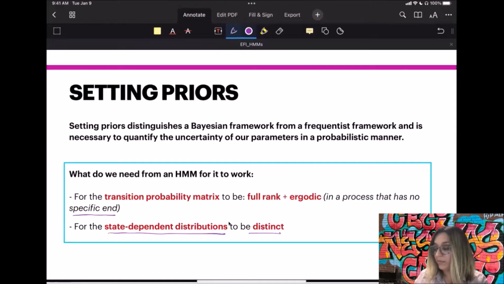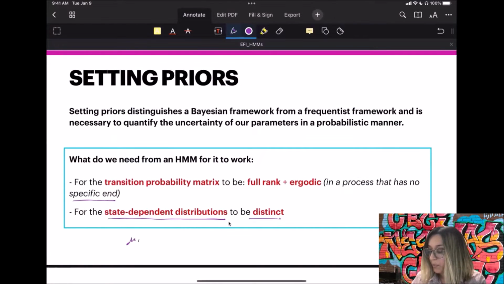For example, by specifying perhaps mu1 is a normal distribution with mean 0 and standard deviation 1, and mu2 is a normal distribution with mean 5 and standard deviation 1. So a priori, we can assume that our means are different from each other, helping the model with what we know it needs.